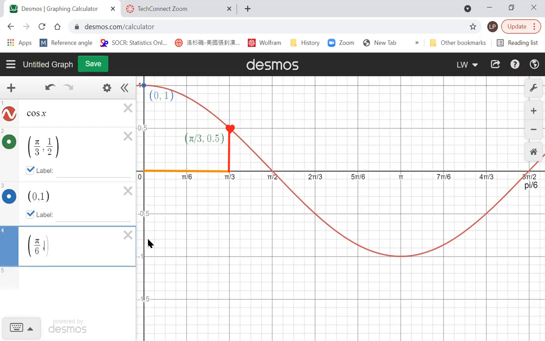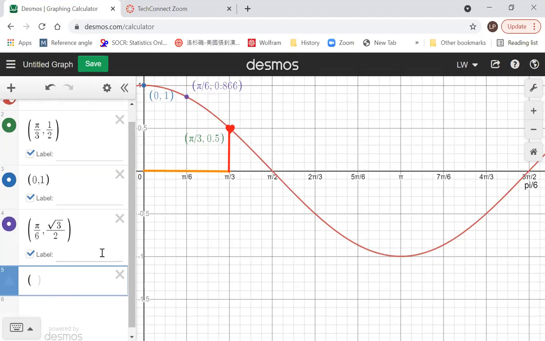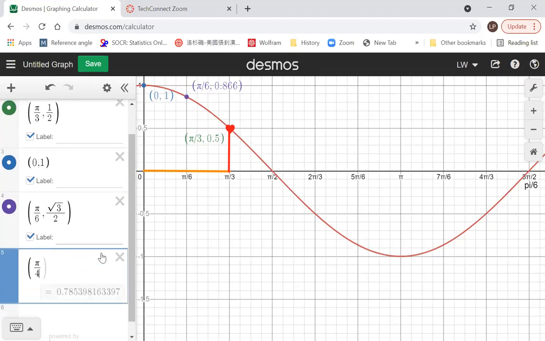Pi over 6, root 3 over 2. This software actually is as good as it gets. You see, it doesn't show root 3 over 2. It shows you a numerical approximation. And the next one, once again, it doesn't show that color tone.